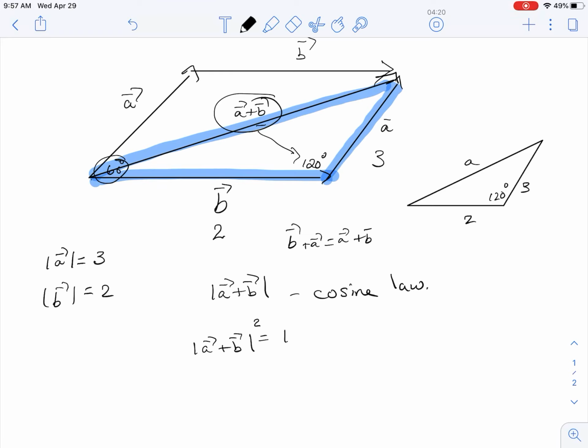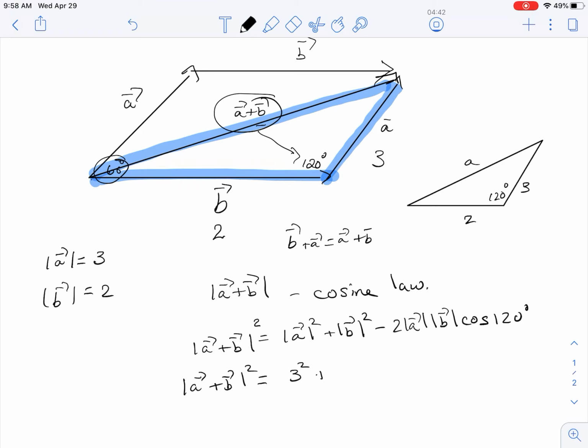So again, cosine law would be magnitude of A plus B squared equals magnitude of A squared plus magnitude of B squared minus 2 times magnitude of A times magnitude of B cosine of 120.